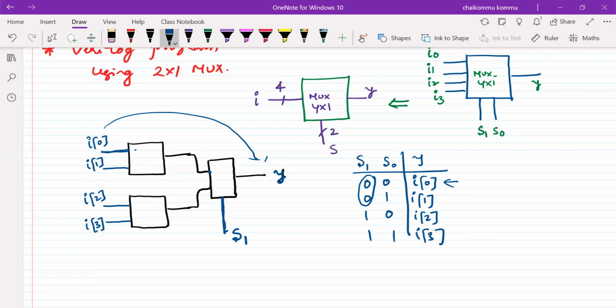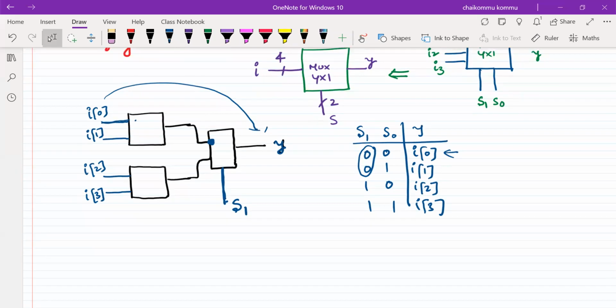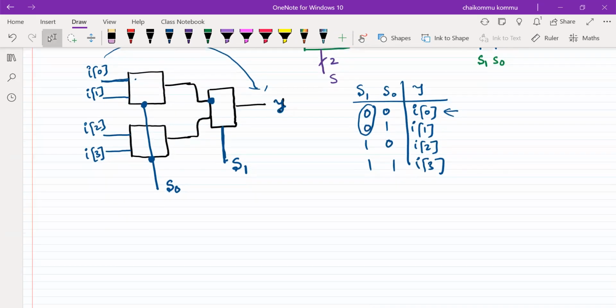So that only the first thing will be selected. In the second, that means here and here for this one and as well as this one. So for this one, just I'm writing this one and when this one, both require S naught. Both require S naught. See here what will happen.